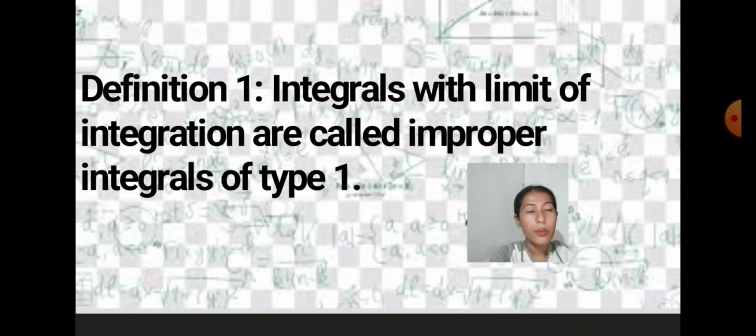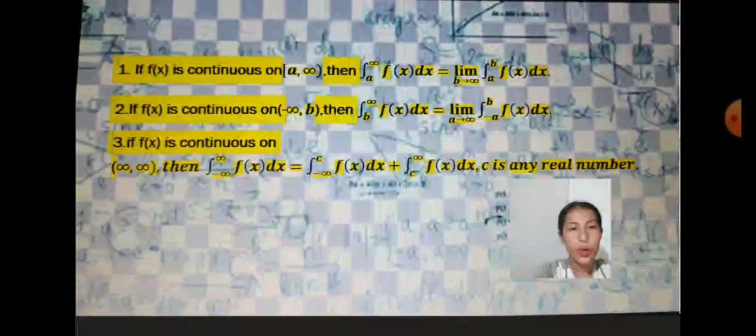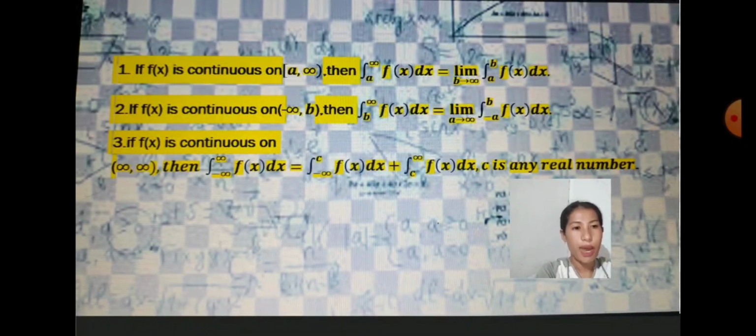Integrals with infinite limits of integration are called improper integrals of type 1. First, if f(x) is continuous on [a, infinity), then the integral of f(x) dx from a to infinity is equal to the limit as b approaches infinity of the integral of f(x) dx from a to b.